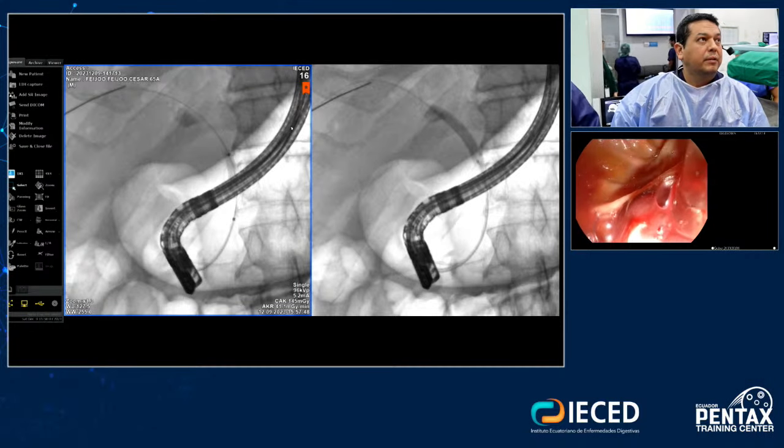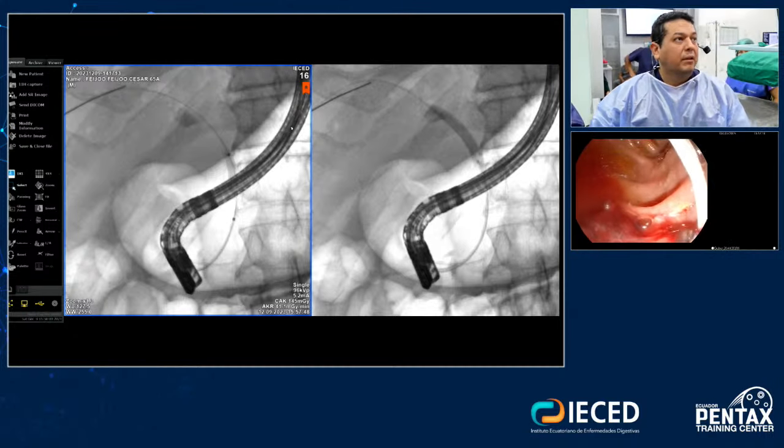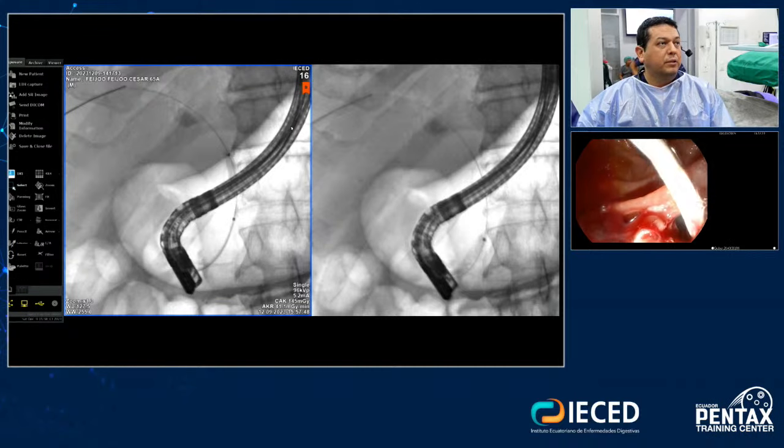That's very good. You see the clots coming out. That's very good.